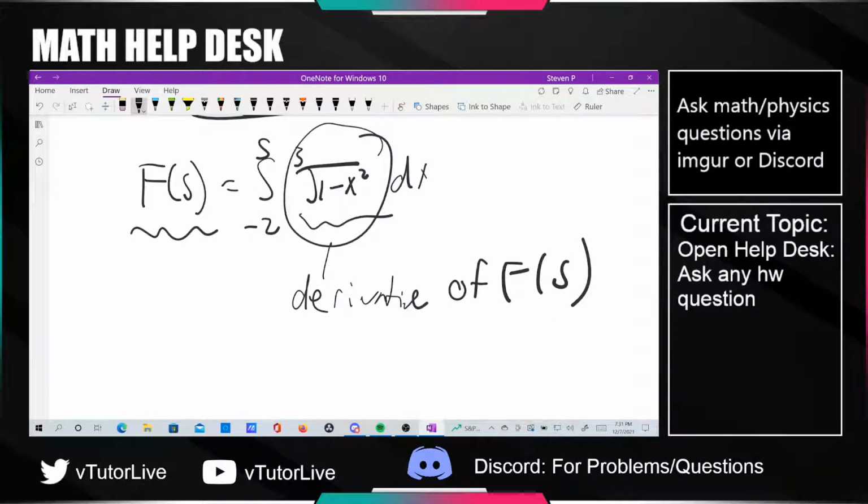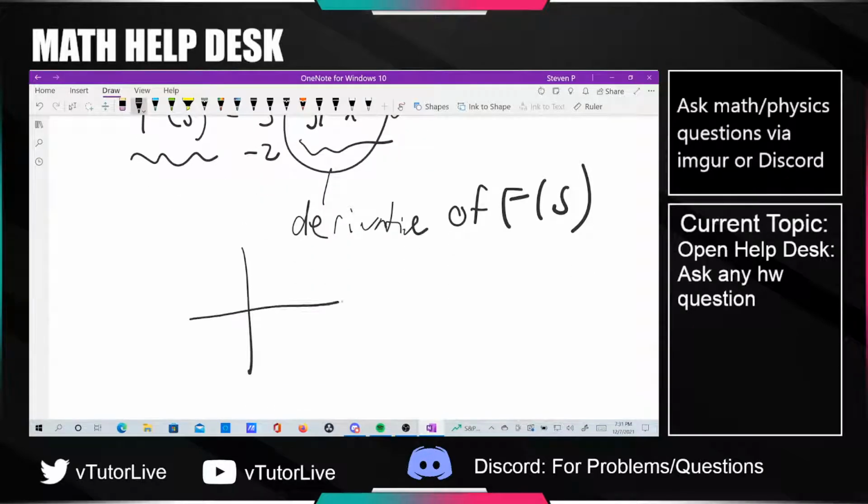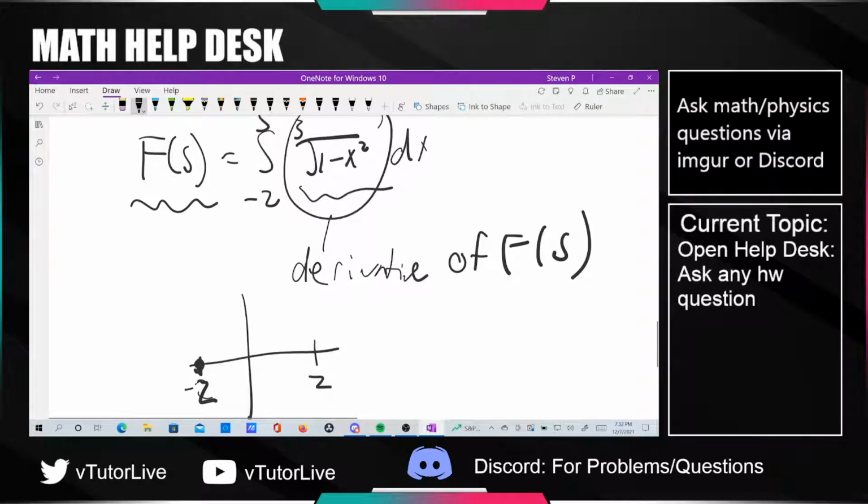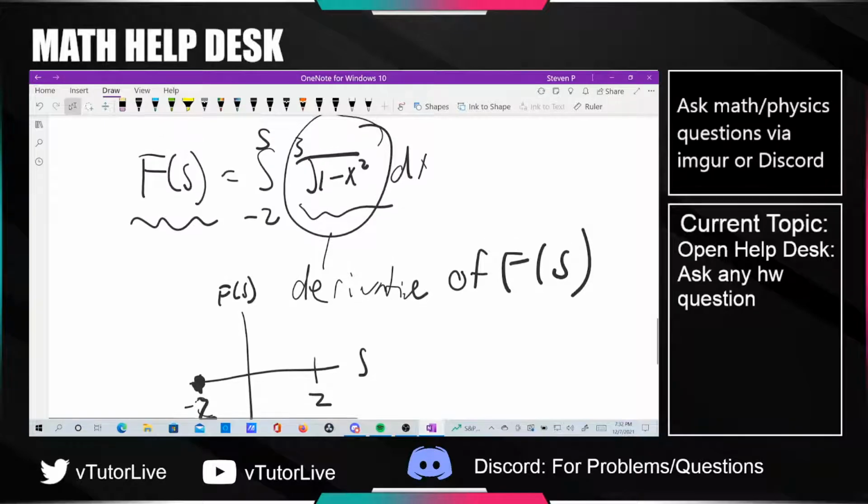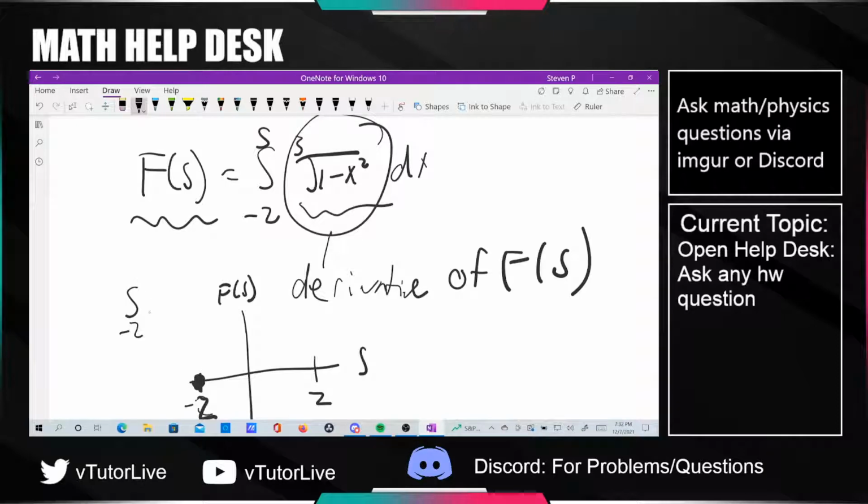So the idea here is if you're graphing this from the period of -2 to +2, right? Well, it's pretty clear that at -2, f of s has got to be 0, right? Because the area under the curve from -2 to -2 is just no area under the curve at all.